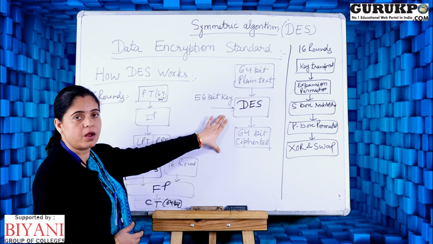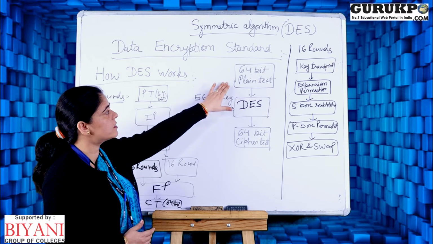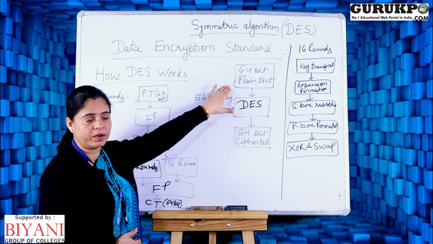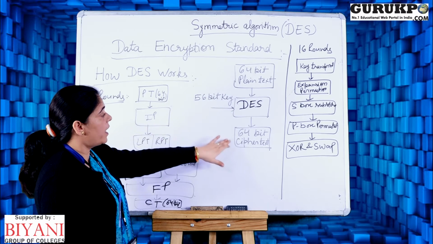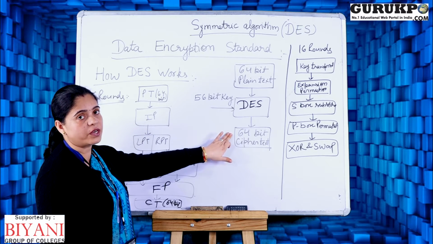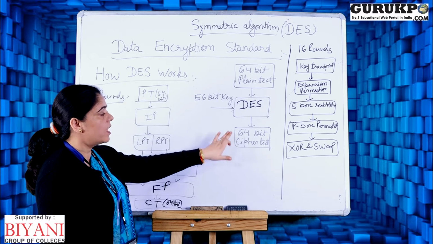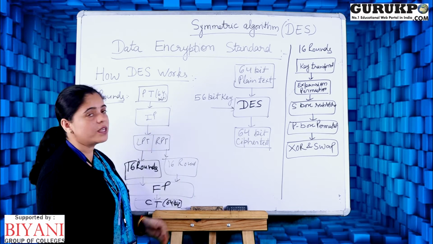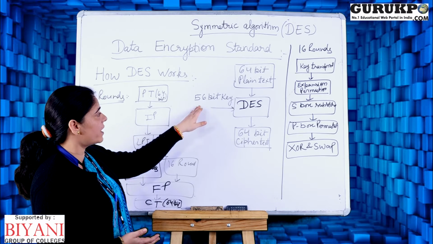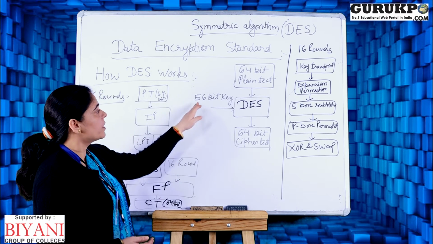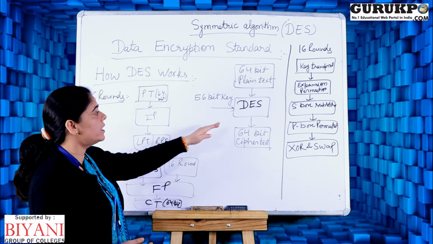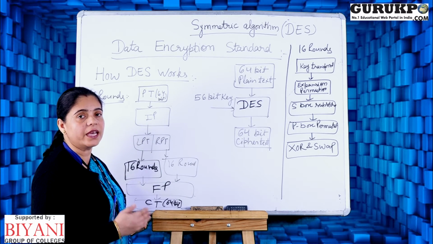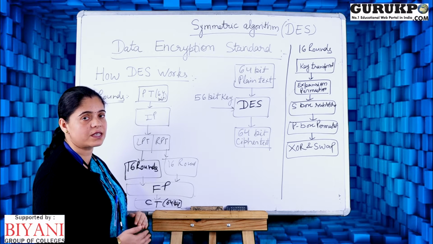But one question here is, the size of the plain text is 64-bit, but here we are using a 56-bit key. Why? And the ciphertext will again be generated in 64-bit. We will see in the next rounds how the size of the key is reduced. Initially a 64-bit key is used in DES, but every 8th bit of the key is discarded.